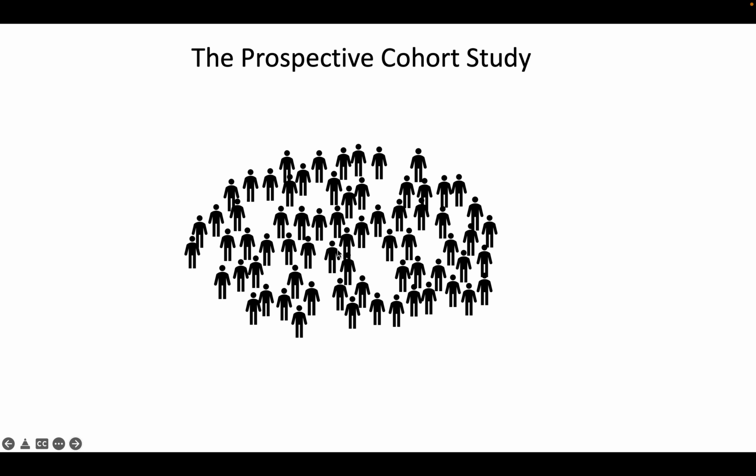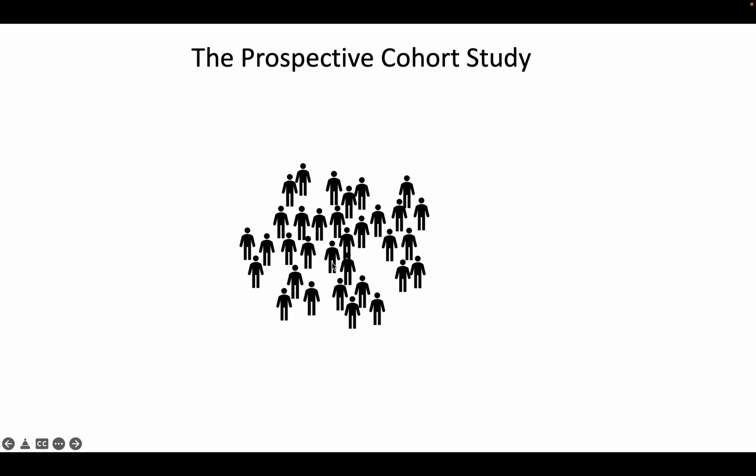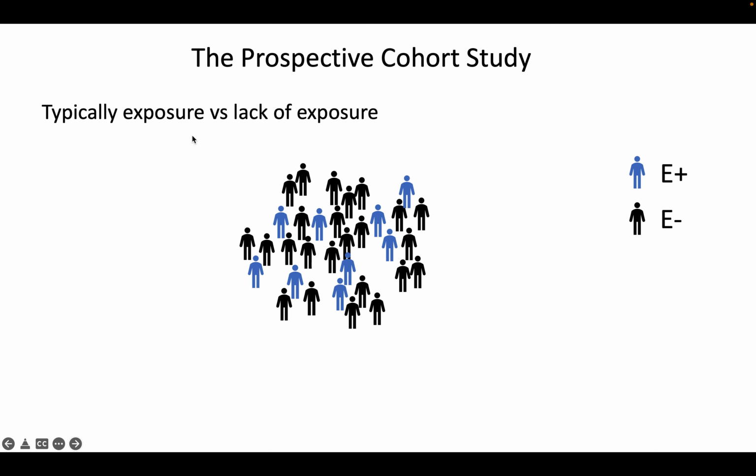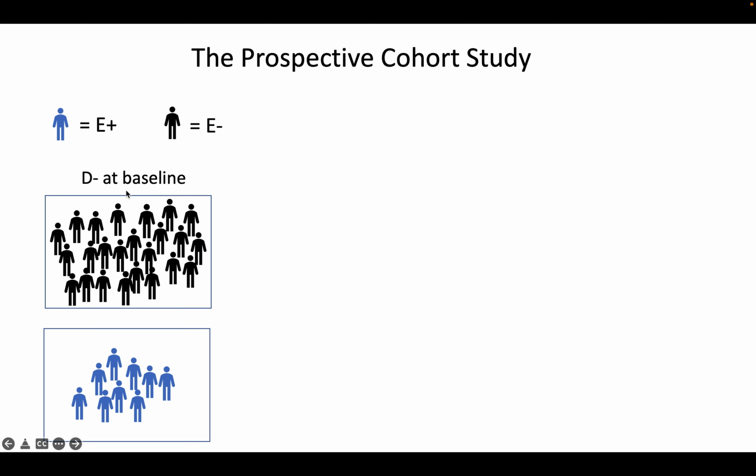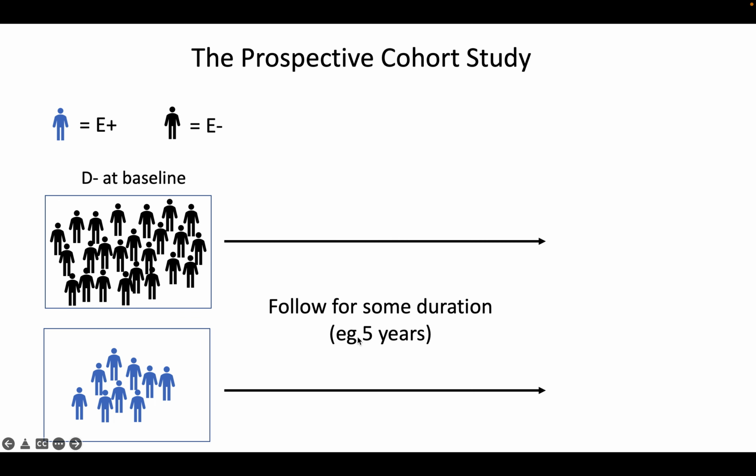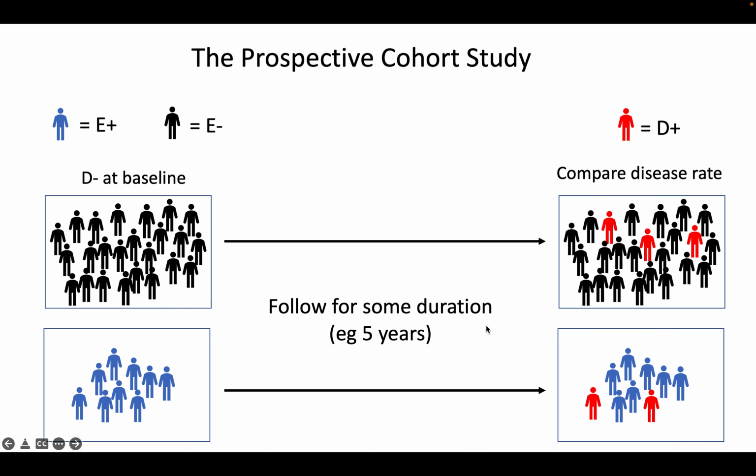So we have this population of disease negative people, and we take a sample of them, and then we figure out the exposure status. That's the baseline exposure status of everyone. And we separate them into exposure positive and exposure negative cohorts. Then we follow them from some baseline over time, for example, 5 years, and figure out how many people became diseased in the two groups and see if disease was more common in one group or another.